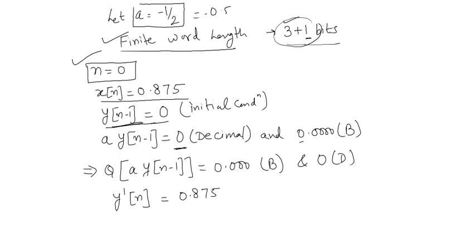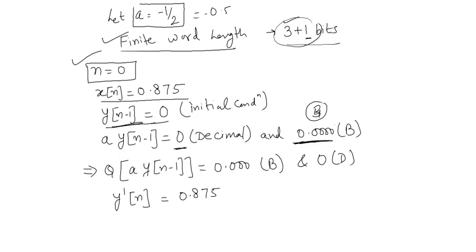So here the binary we can write as 0.0000, right? Yeah, we have 3 bits only to represent, one is anyhow the sign bit, right?